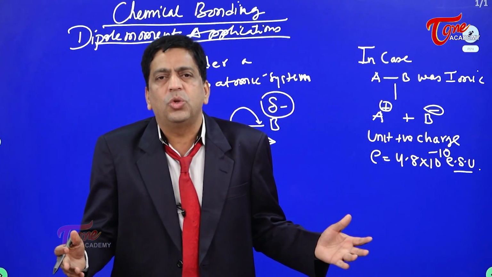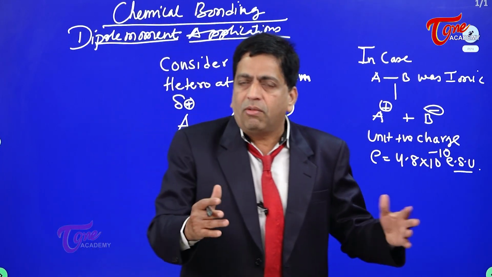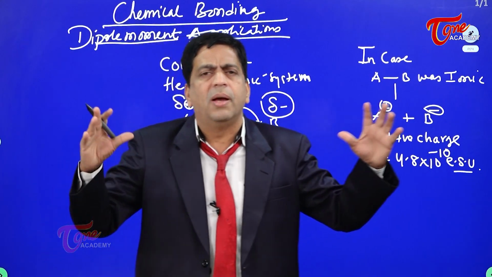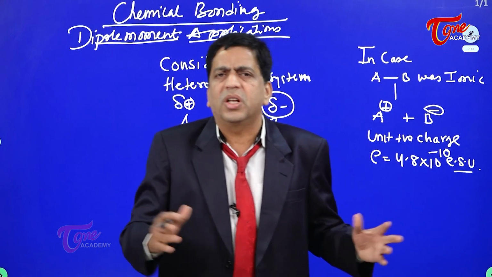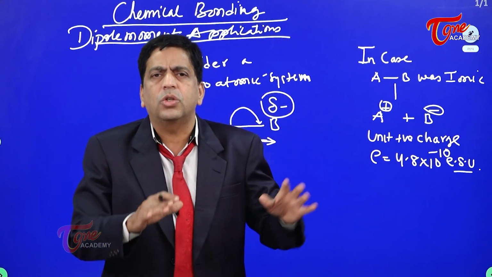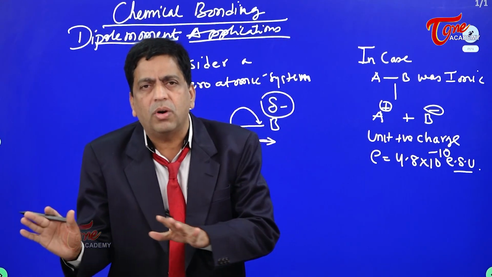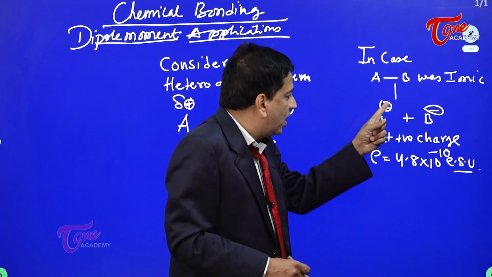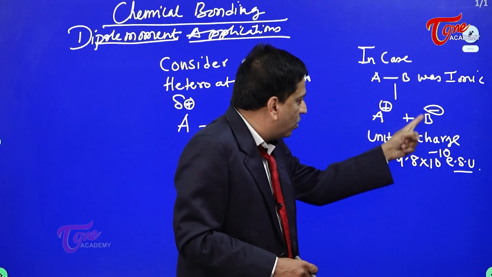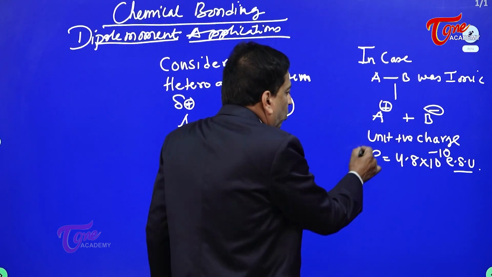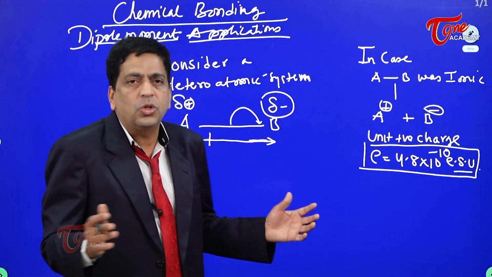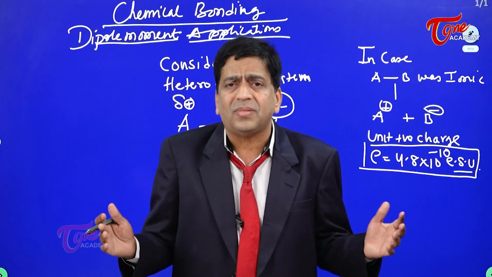Assuming that AB is ionic, then it can never be ionic. We are discussing actually a covalent bond. Max you can label it as a polar covalent bond, but you can never call it ionic. We call that a polar covalent bond, right? We are just having an assumption that in case AB was ionic, then you have a unit positive charge or unit negative charge whose value is 4.8 into 10 power minus 10 ESU. You must understand that, right?